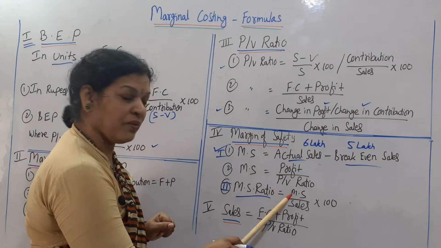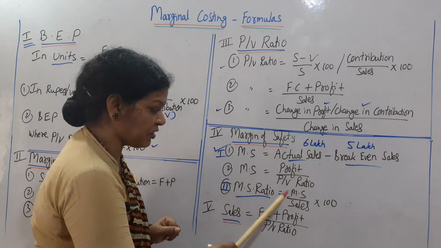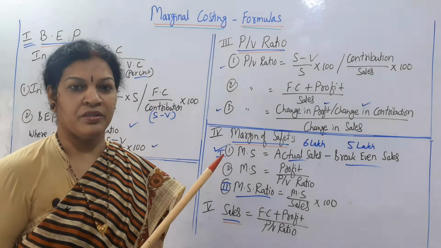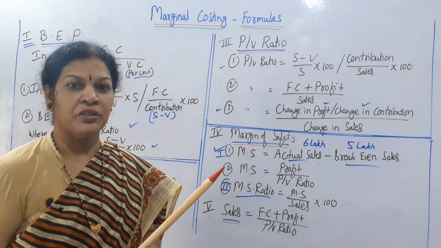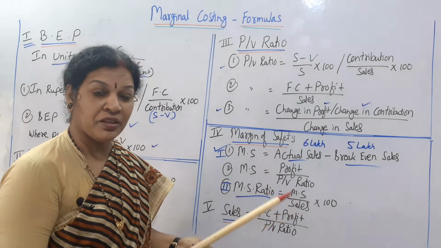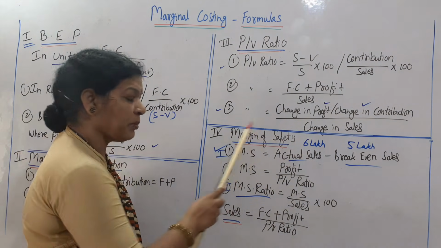To know the ratio, we take the margin of safety, which you already got from these formulas, that margin of safety by sales into 100. Easy to remember. Margin of safety ratio is margin of safety divided by sales into 100. That's all. So this is about the margin of safety.